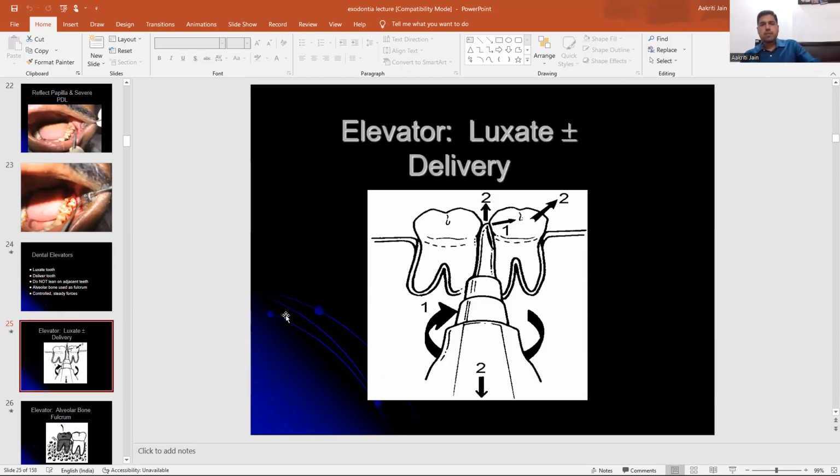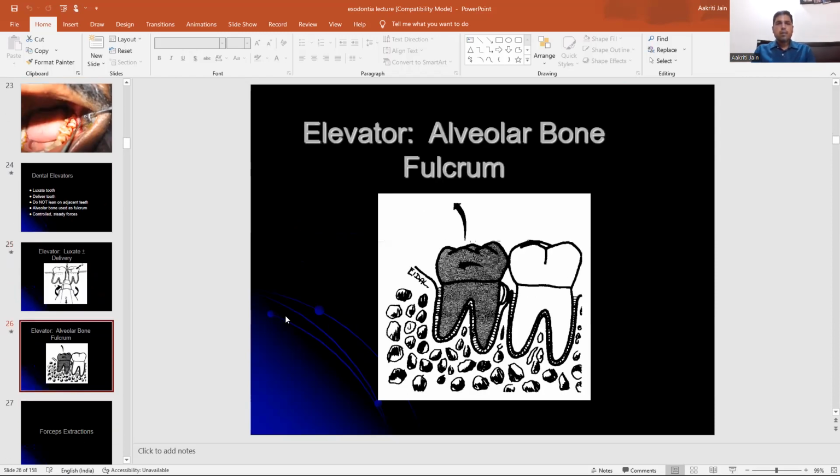This is the placement of the elevator, in which the beak of the elevator is placed right in between the interdental space, and the rotation is done in such a manner that the tooth which is to be delivered out is pulled away, and the path of extraction is followed. Now the elevator with bone as fulcrum, this is how the tooth is removed from the socket.